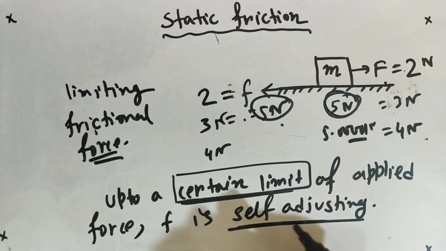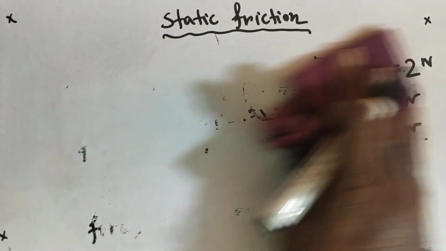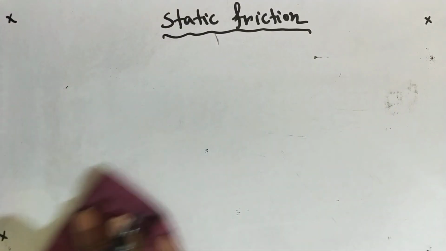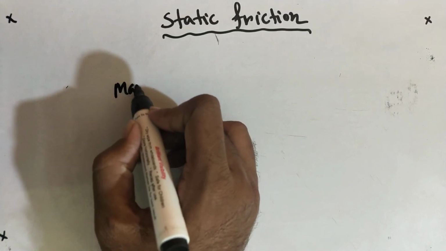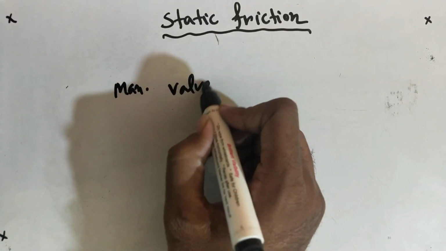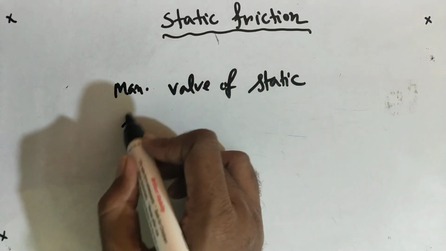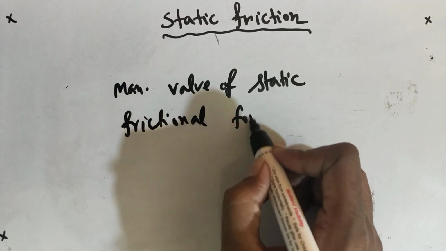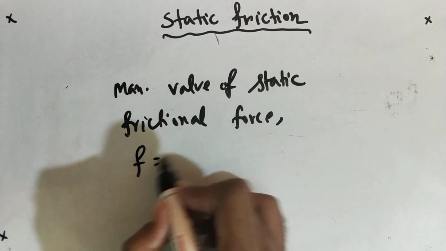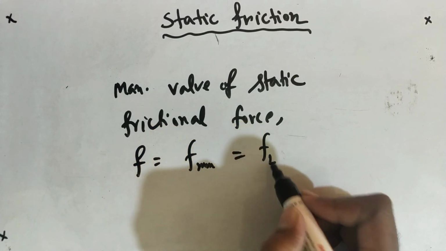The limiting frictional force is nothing but a state of static frictional force, the maximum value of static frictional force. So F maximum is nothing but the limiting frictional force.